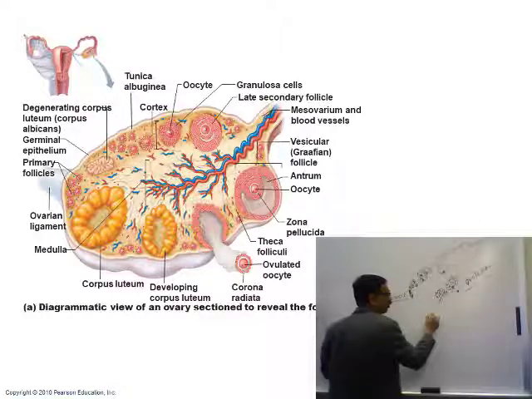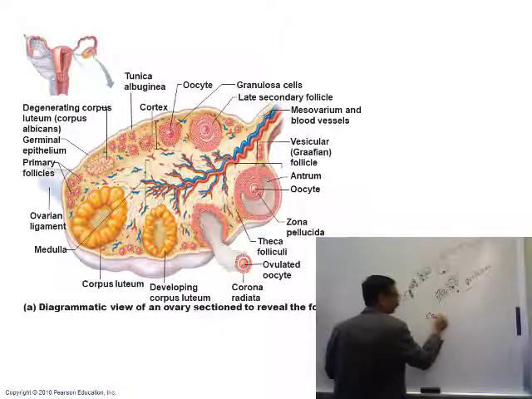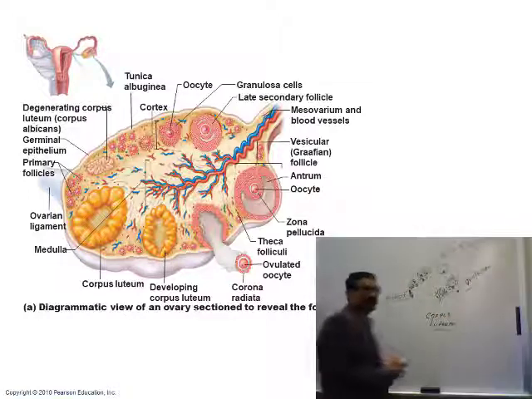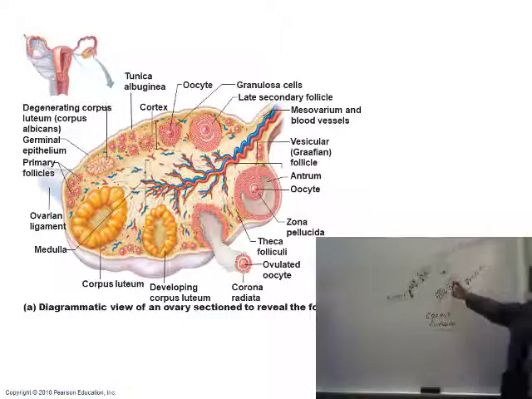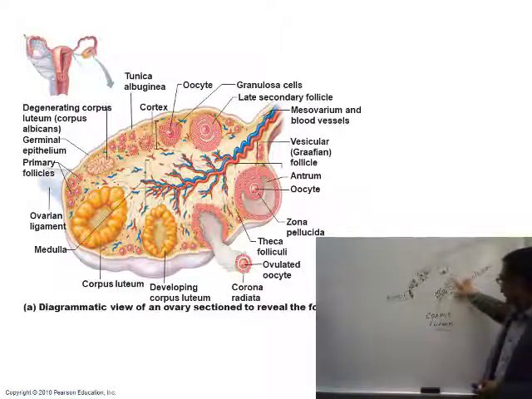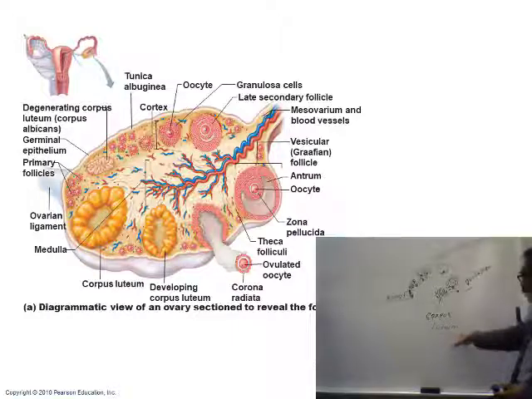And this is called corpus luteum. Luteum means yellow. So, the Graafian follicle or the most mature follicle ruptures and releases the egg to the outside of the ovary. That is called ovulation. And then the rest part turns to a yellow structure because of accumulation of fat.